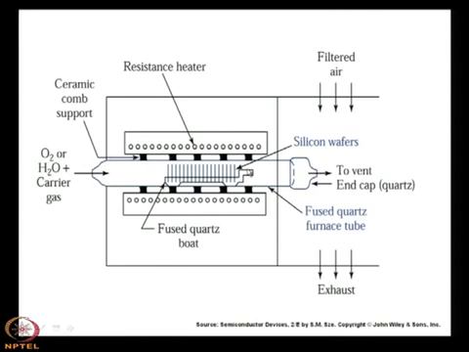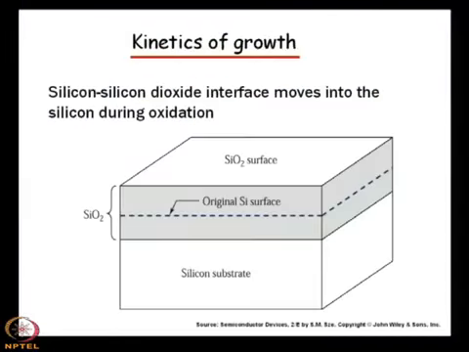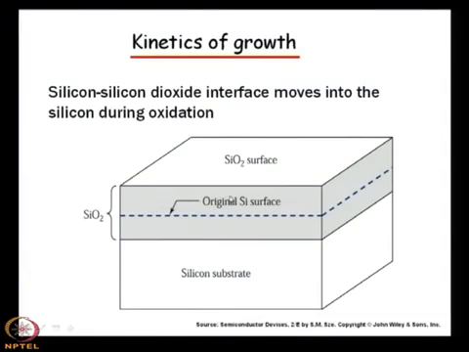So, till now what we have discussed is that in oxidation, the oxidation can be a dry one, and you see that first there is a silicon dioxide interface, and that moves into silicon during oxidation.